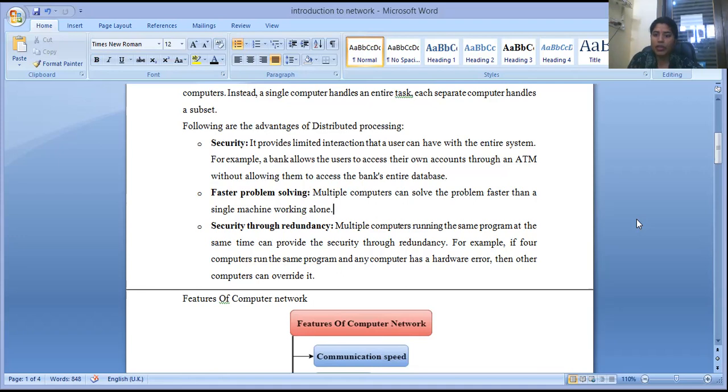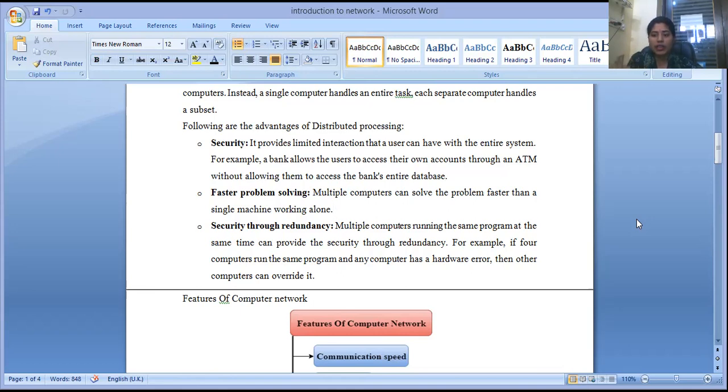So multiple computers can solve problems faster than a single machine will. And security through redundancy. It means what? Redundancy. Multiple computers running the same program at the same time can provide security through redundancy. Suppose there is one task which is run by multiple programs.